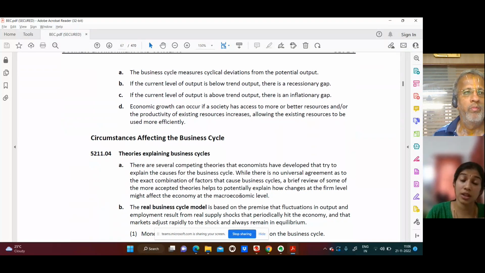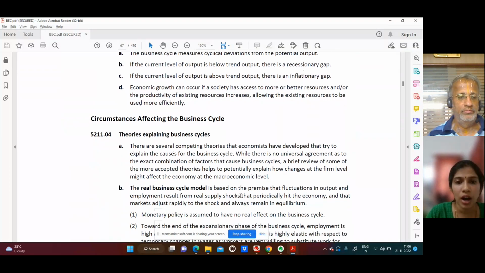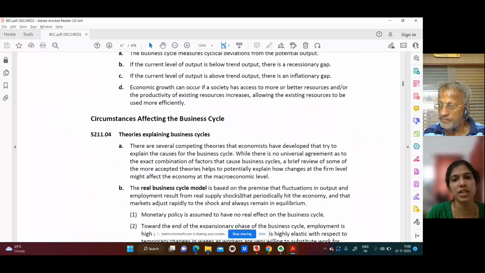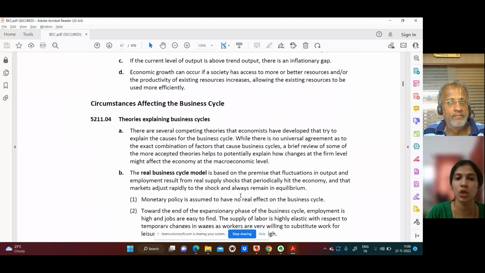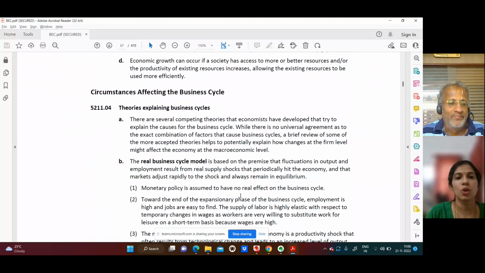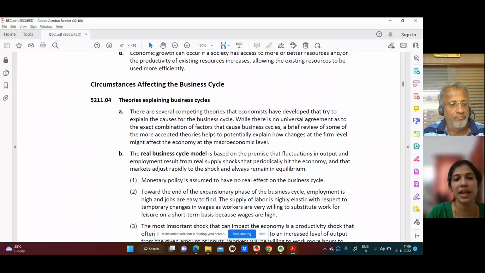There are so many theories to explain the business cycles for our understanding. And the theories which are actually used in the economy to a great extent, those are given over here. So what are the theories explaining the business cycles? So first is your real business cycle model. This model was developed by Mr. Edward Prescott and Finn Kydland.